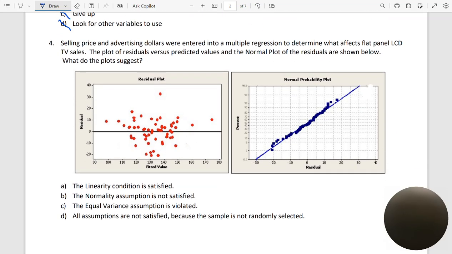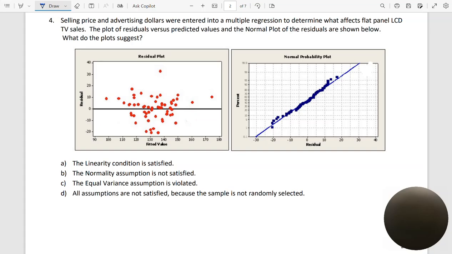All right, so then number 4, selling price. We have a background, and then we have the plot of the residuals versus the predicted values, and a normal plot of the residuals shown below. So what do the plots suggest?